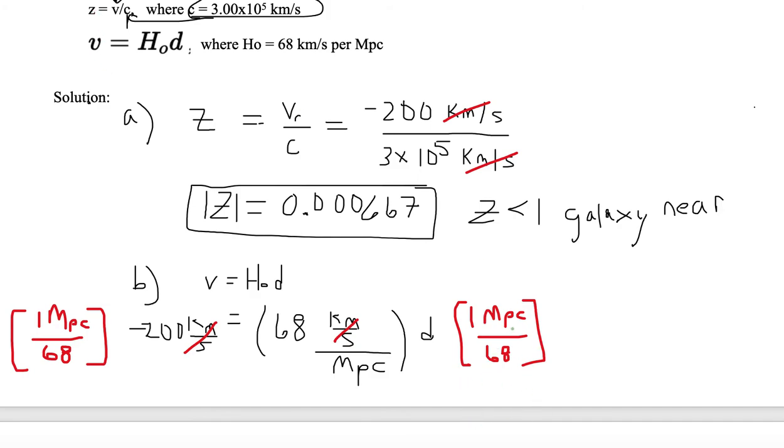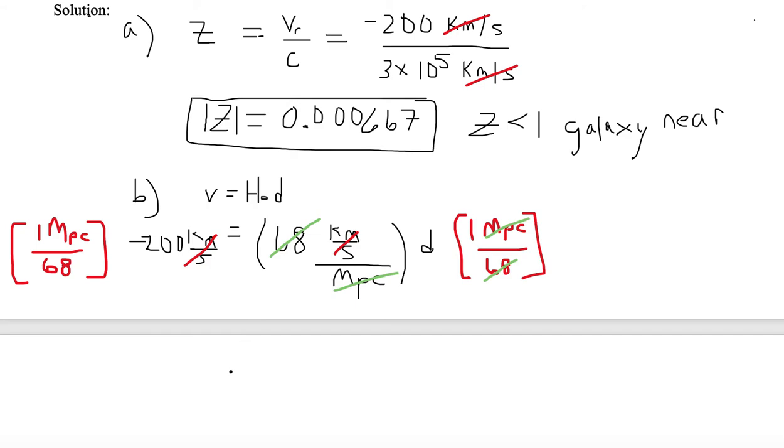So we have 68 in the numerator on the right-hand side, divided by 68, the denominator on the right-hand side. Megaparsec in the numerator on the right-hand side, divided by megaparsec in the denominator, so we can cancel those. On the left-hand side, we really don't have anything easy to cancel.